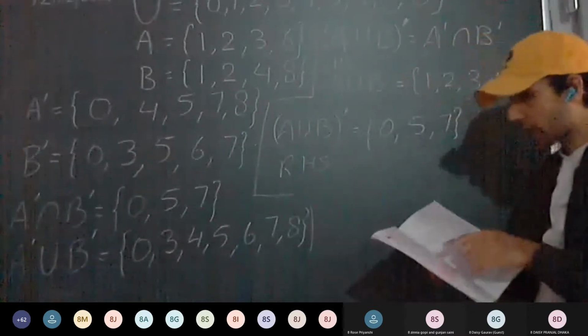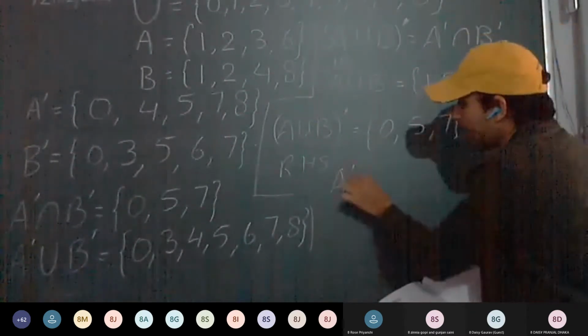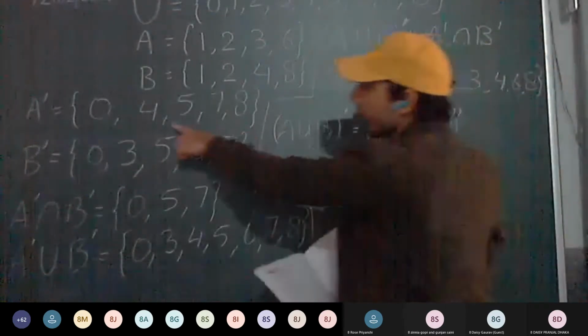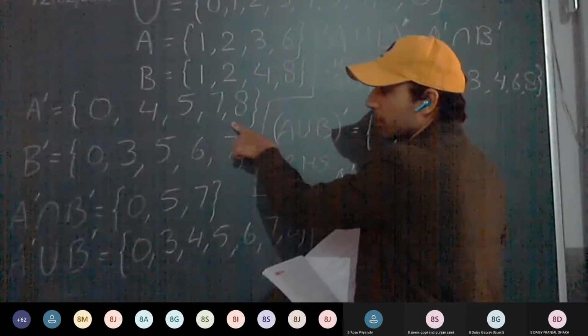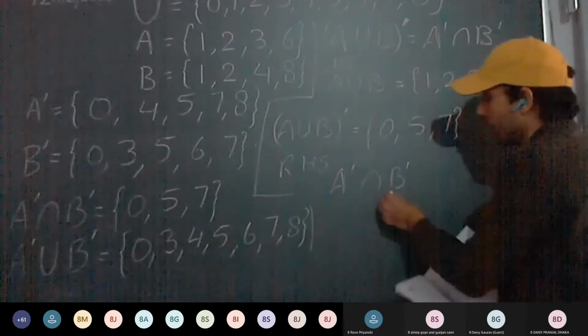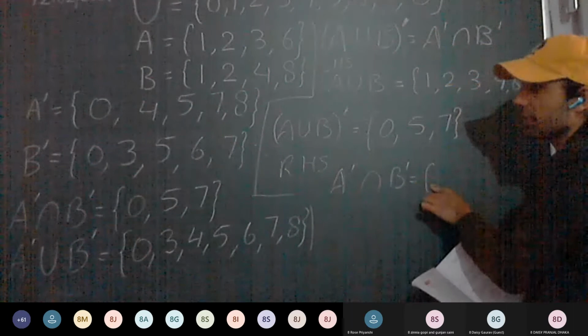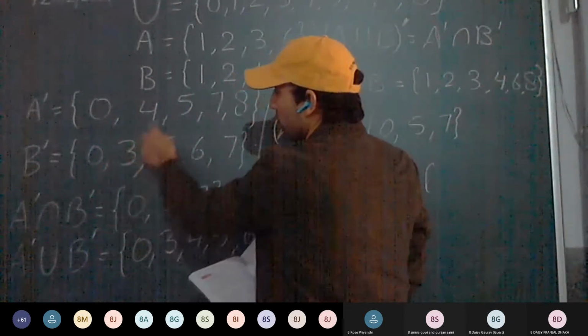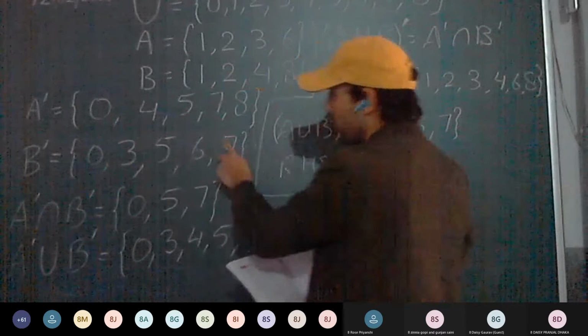RHS, see here. What you have to calculate? A dash intersection B dash. A dash we already calculated, B dash as well we have calculated. Now you take the intersection. What will be the intersection? 0, 5, 7.